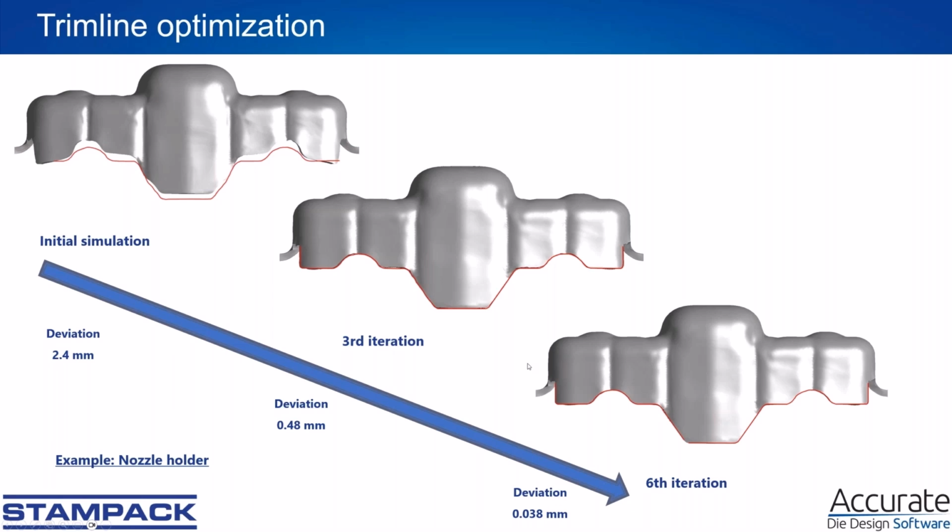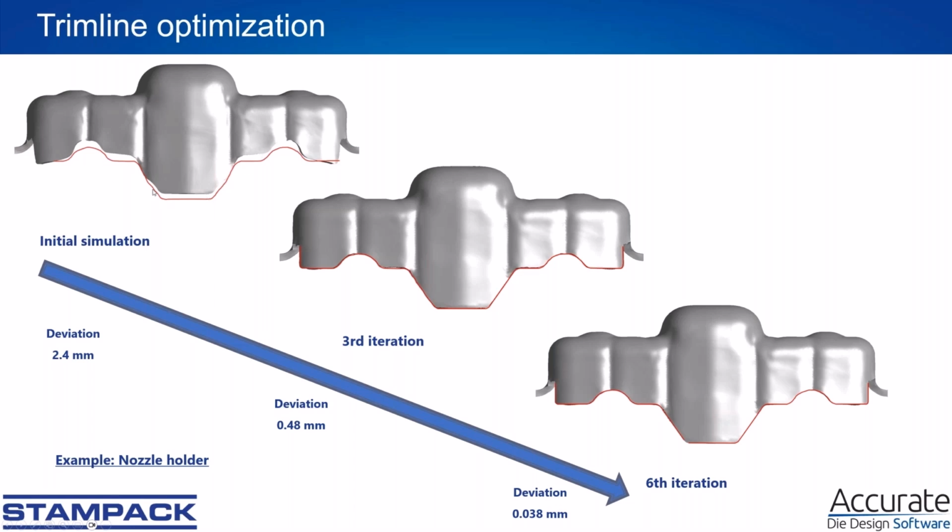This technology not only works in thin sheets, but also in quite heavy stuff. We see here a 4 millimeter thick part, and this is a solid simulation, with a lot of material flow and also some coining in the walls, so the material is squeezed down. In the initial situation, we see that we don't have enough material, so it's required to add more material to the initial blank.